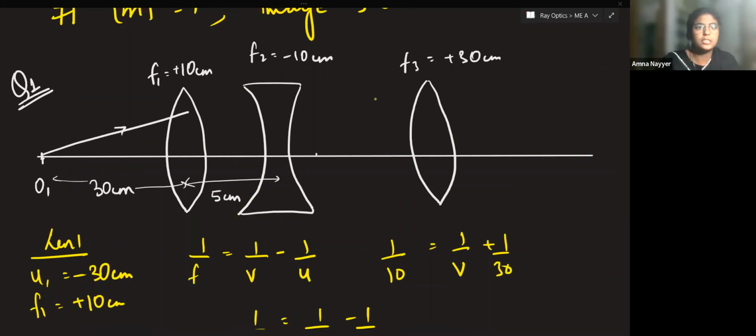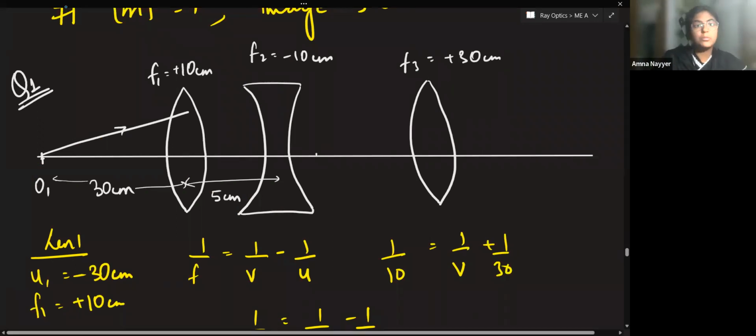Okay, Sana. Thank you. Now see class, it means from this lens 1, the first convex lens that is there, at a distance of 15 centimeter, image has been formed, right? So if this part is 5 centimeter, one more thing.